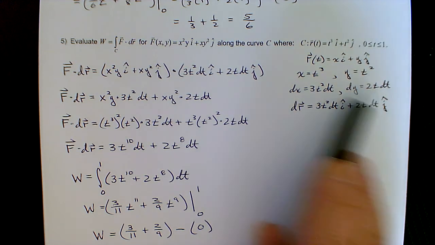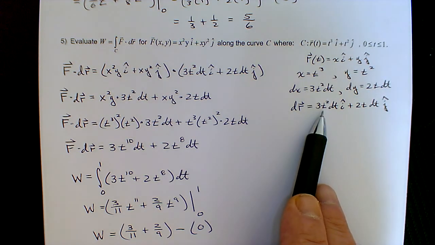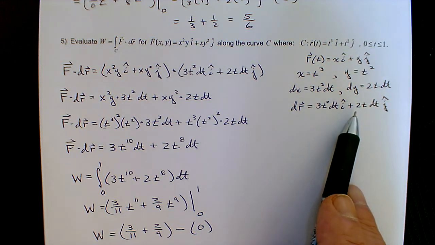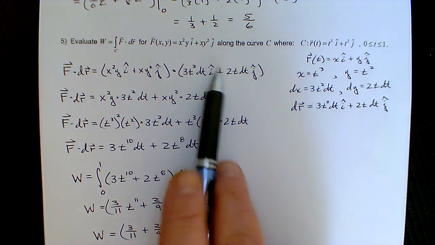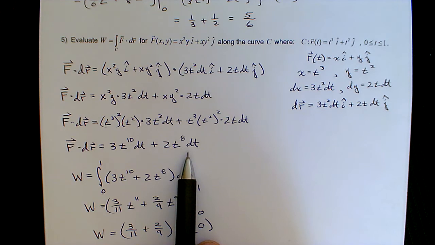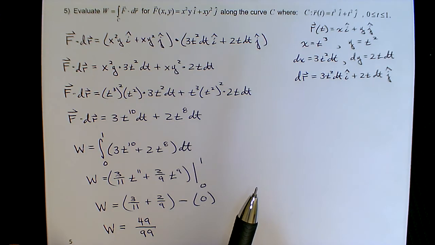You could have just taken r and calculated it immediately to be 3t squared dt, but this kind of reinforces something that's important in terms of r being xi plus yj, and dr being dxi plus dyj. But you can see what we did there was we just calculated f dot dr, and then once we boiled that down, we just substituted it into our work formula. Okay, so you can check out that solution.